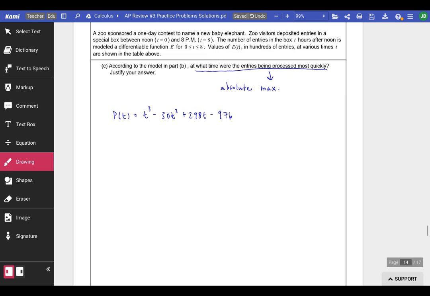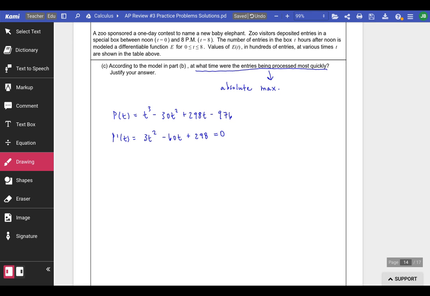To find an absolute max, the first thing we have to do is find our critical points, which we do by taking the derivative, which is 3t squared minus 60t plus 298, and then setting that equal to 0. Since we have our calculator, the most efficient thing is to type your derivative, P prime of t, into y equals.